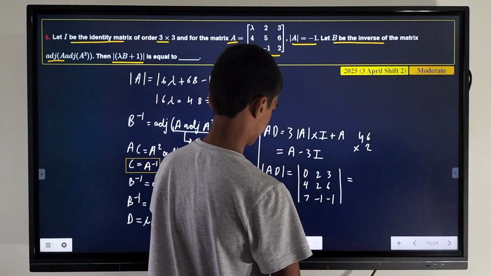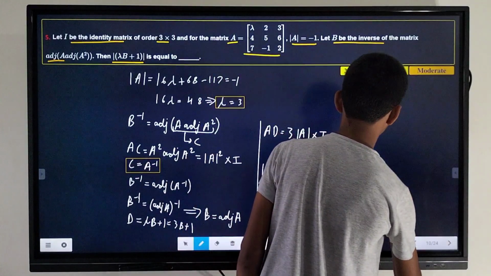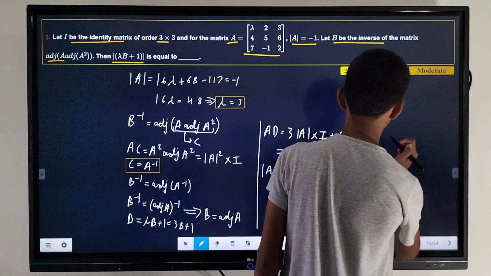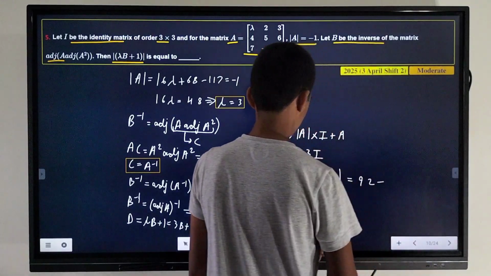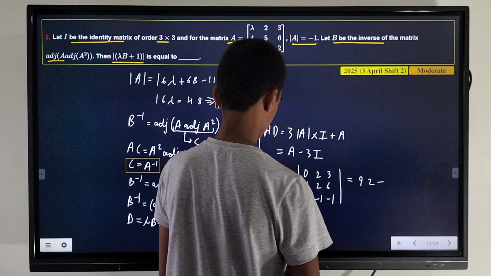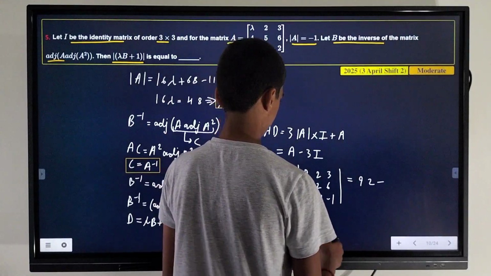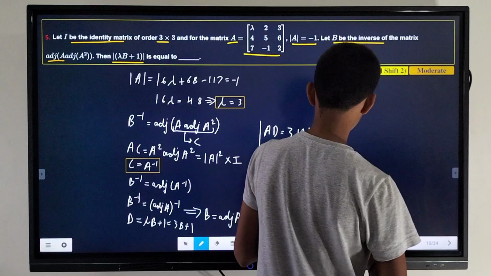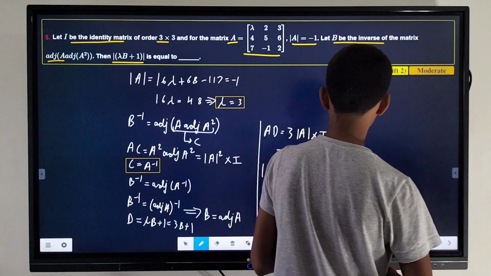Negative, negative, positive. So this will be 292 minus 92 minus 14, 18.